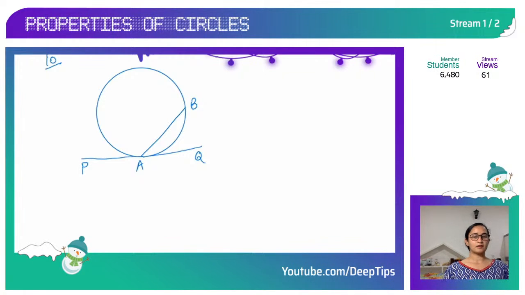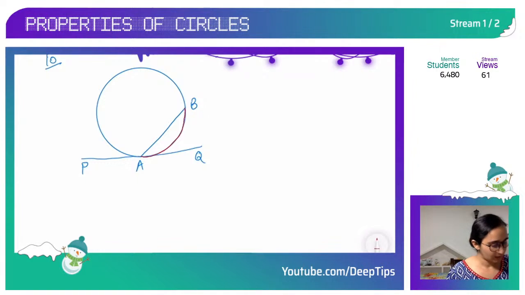So if you have an angle at this point of contact, suppose you have angle BAQ, so that BAQ falls in the minor segment, correct children? As I have explained to you many a time, when I am taking a smaller arc, like here if I take this arc AB, this arc with this chord AB forms a minor segment.